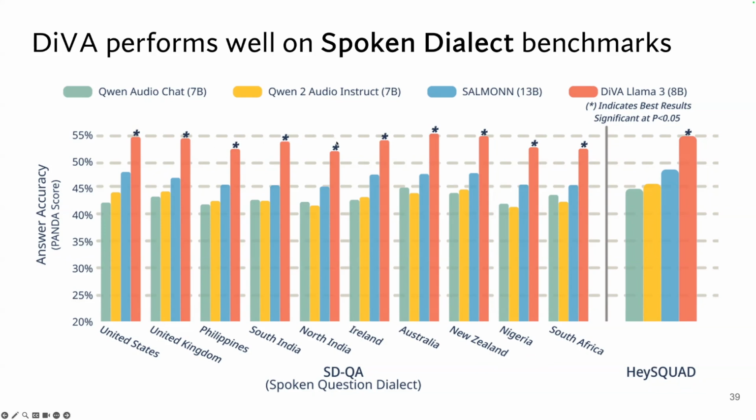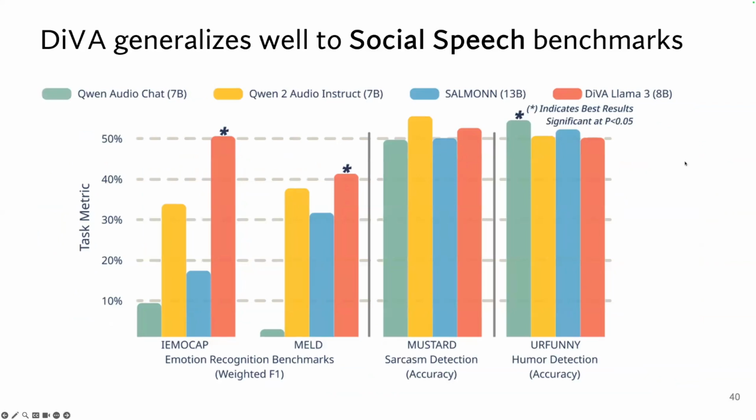As we can see, compared to open source models like Qwen and Qwen2-Audio, and SALMONN, DIVA actually does much better compared to those prior systems. And not only in terms of this spoken dialect, if you look at spoken SQuAD question answering, DIVA is also doing very well. This kind of system also generalizes well to social speech benchmarks when it comes to emotion recognition.